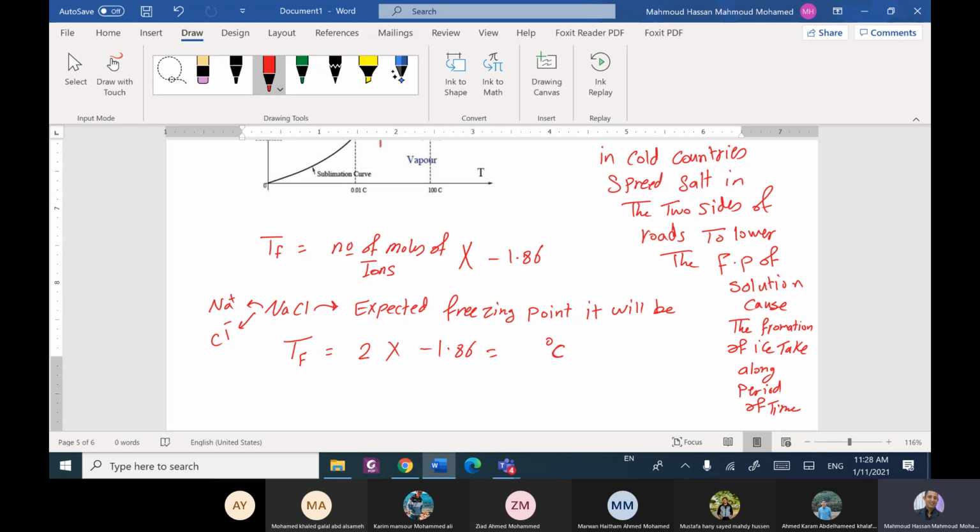When they throw bags of salt on the two sides of the road, the salt starts forming a salty solution.